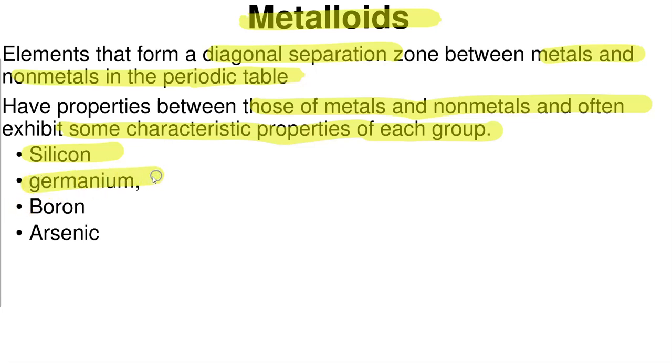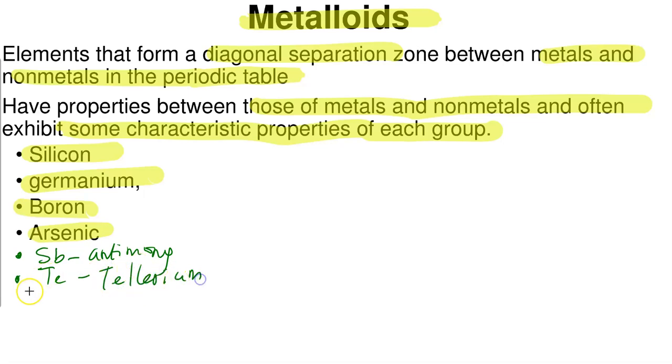Germanium is also gaining a lot of steam recently. I think recently they said germanium is the best chip-making metalloid, and boron and arsenic are also examples. There are other ones too, like antimony, Sb. Antimony is a metalloid as well. We have Te, which is tellurium, also a metalloid.